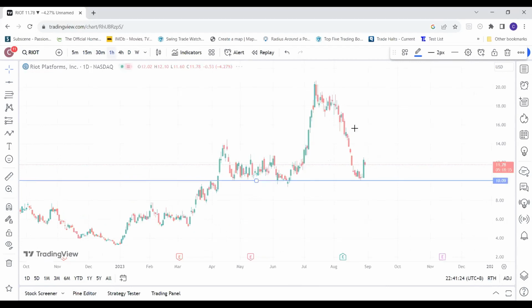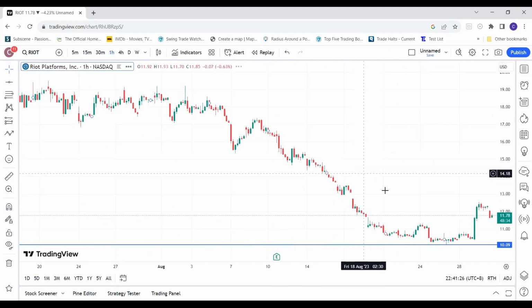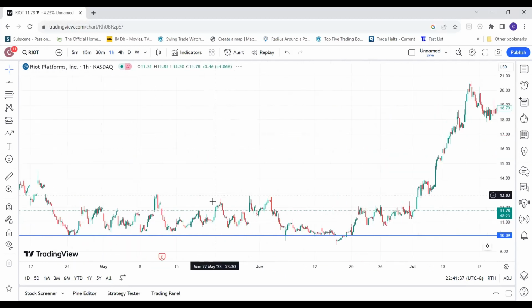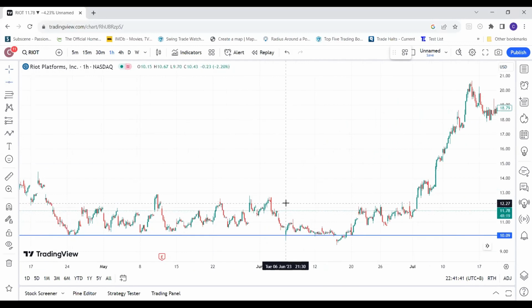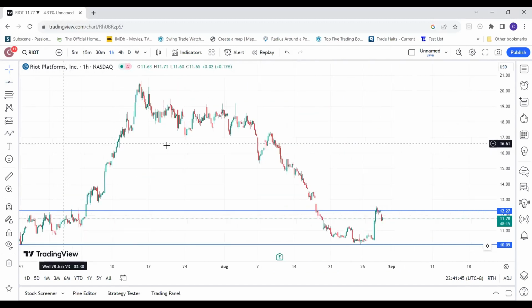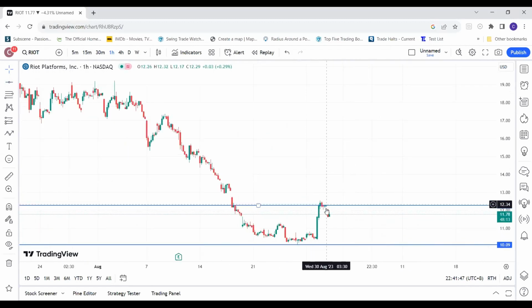But if you were to zoom in, because this whole thing is a down move, it's not actually showing me any range, so you can track back to previous history data. Based on this, there's probably a level around 12 to 12.2, so again it's tapping, the same as for Mara.